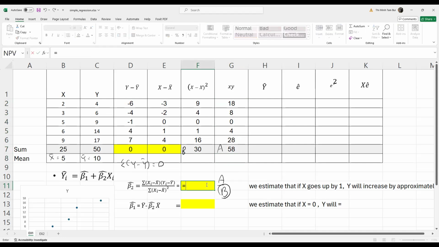And then finally, you use A over B. Okay, then you get beta 2 already.